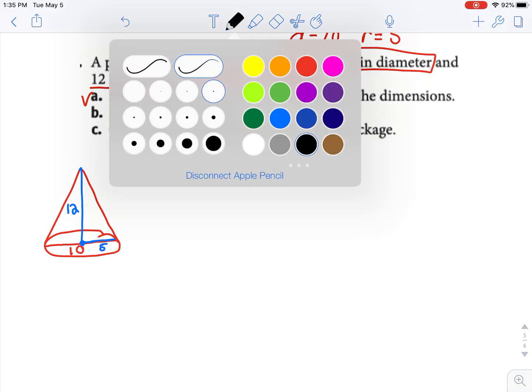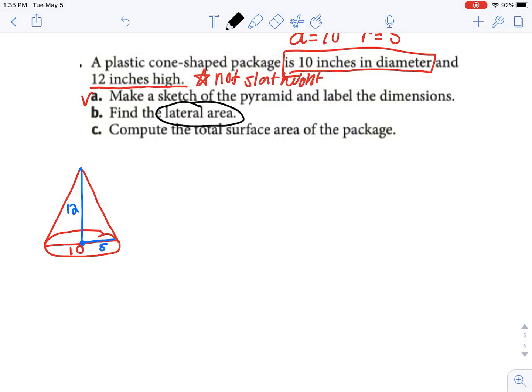Now, in order to find the lateral area, we're going to need to know the radius and the slant height. We already have the radius, we don't have the slant height. So we need to figure out what this L, this slant height, is.